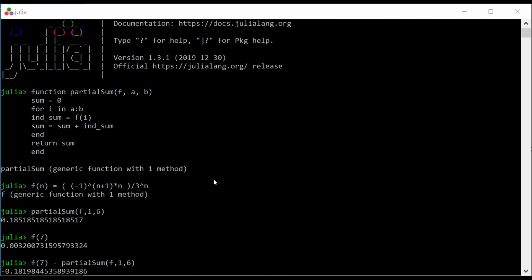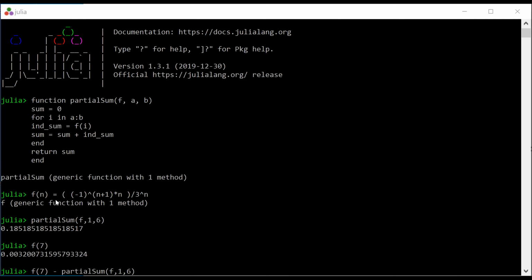The number 5 problem looks like this: (-1)^(n+1) times n, divided by 3^n. I just create my function, that's your series. I want to find the first 6 terms, so I did 1 through 6.